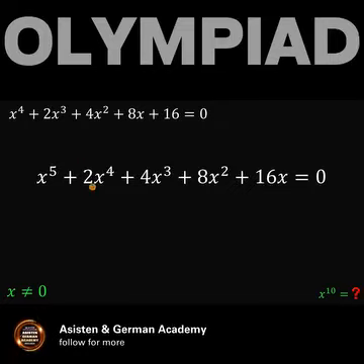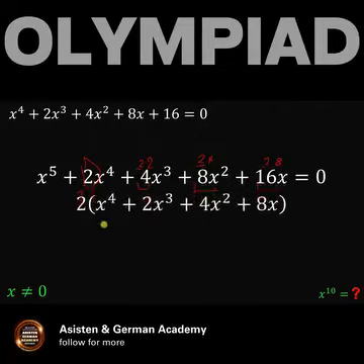So, now, this 2, this 4, this 8, and this 16, take note, we have 2 times 1 and get 2, 2 times 2 and get 4, 2 times 4 we have 8, and 2 times 8 we have 16. Now, what I mean is we can factor out a common factor of 2 in these 4 terms.